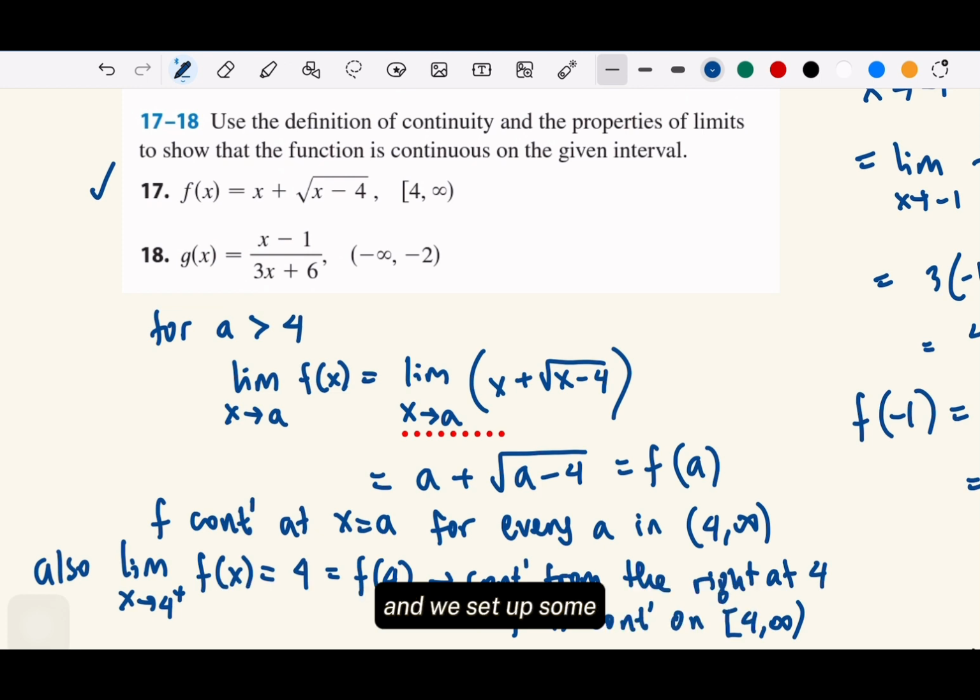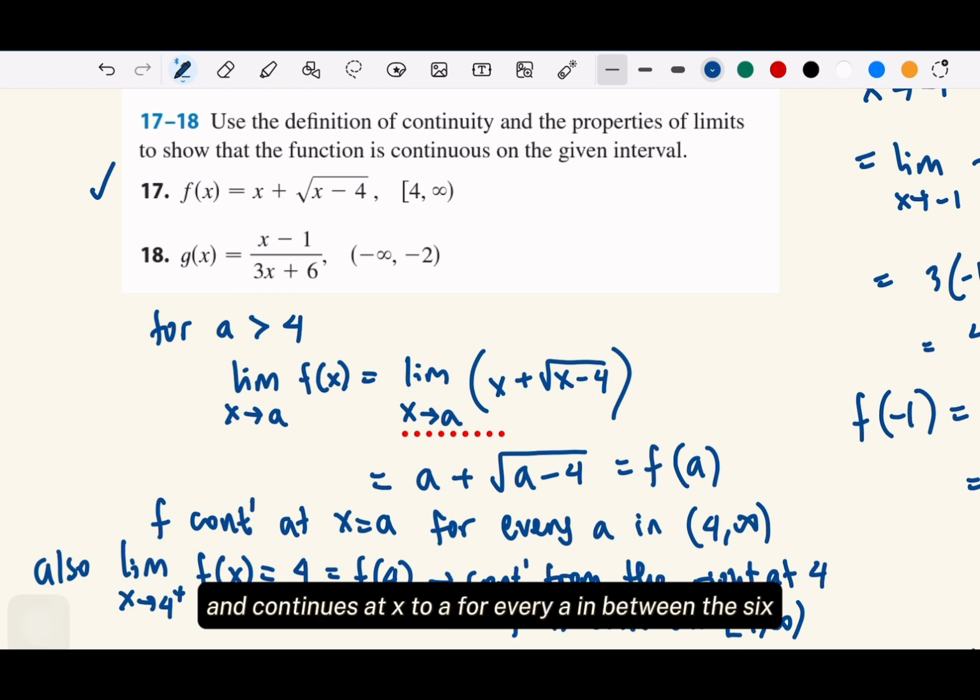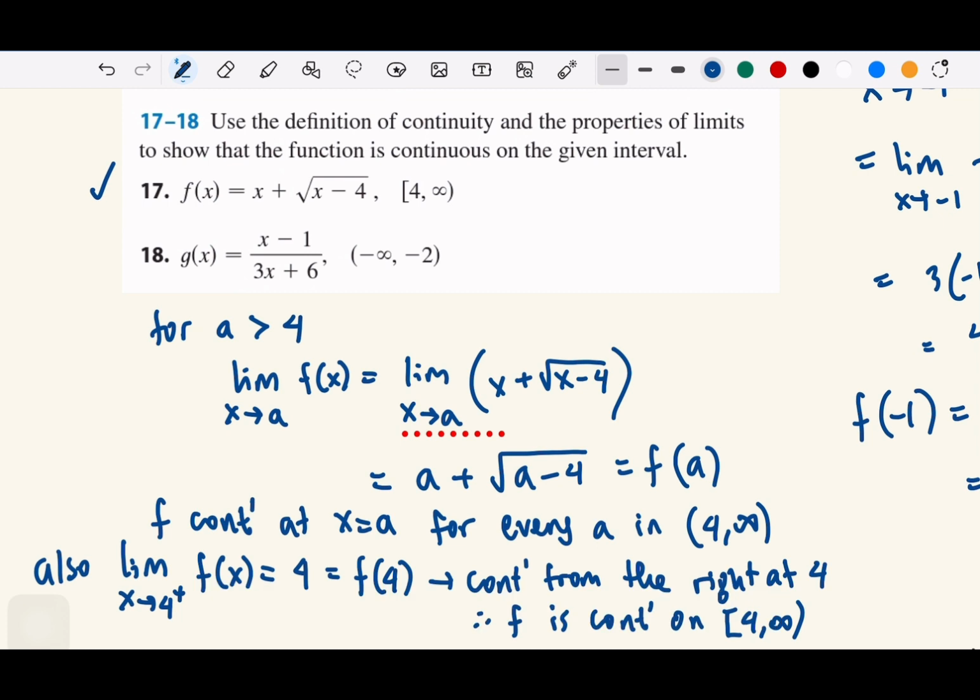We set up some general limit here, and then we take the direct substitution, and for continuity, this needs to be equal to the function of a, which we can find by its form. Now we say that this is continuous, then f is continuous at x equal a for every a in this interval.